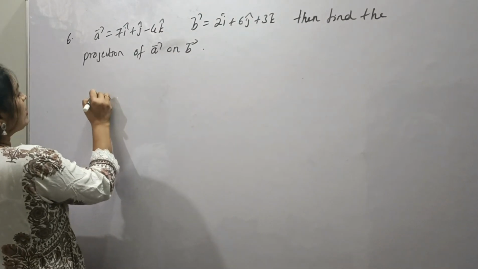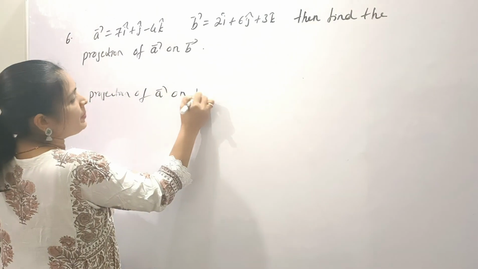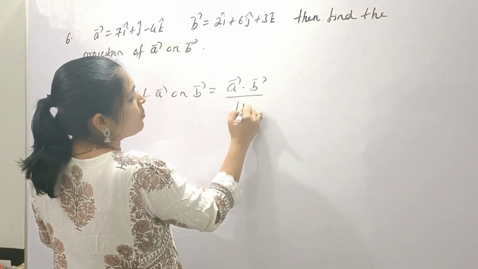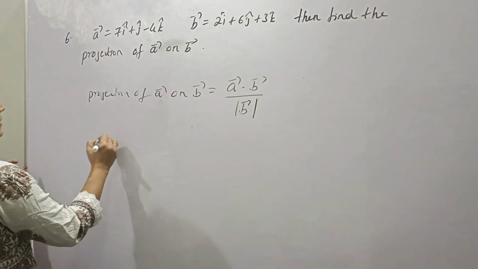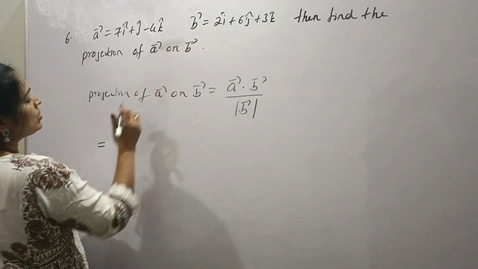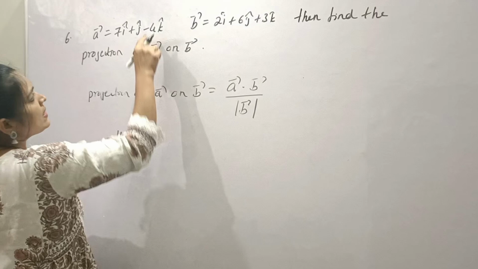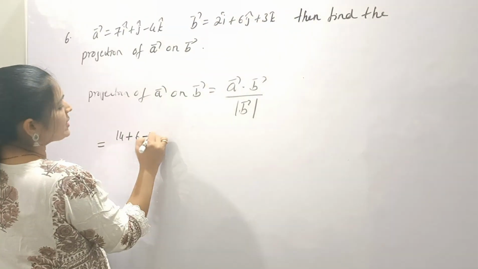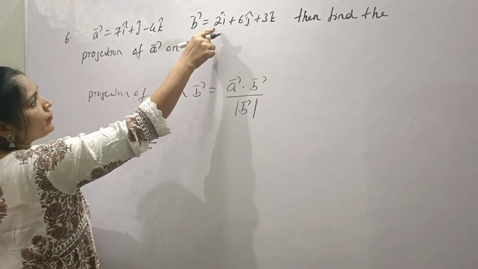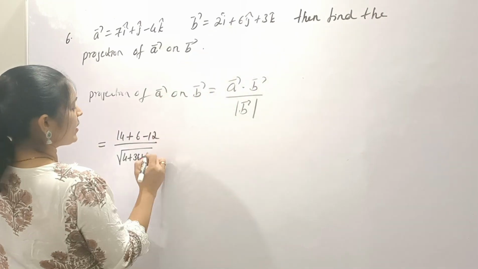So here the projection of vector A on vector B is equal to vector A dot vector B divided by modulus of vector B. That is equal to vector A dot vector B: 7 into 2, 14, plus 1 into 6, 6, plus minus 4 into 3, minus 12, divided by modulus of vector B, that is square root of 2 square, 4, plus 6 square, 36, plus 3 square, 9.